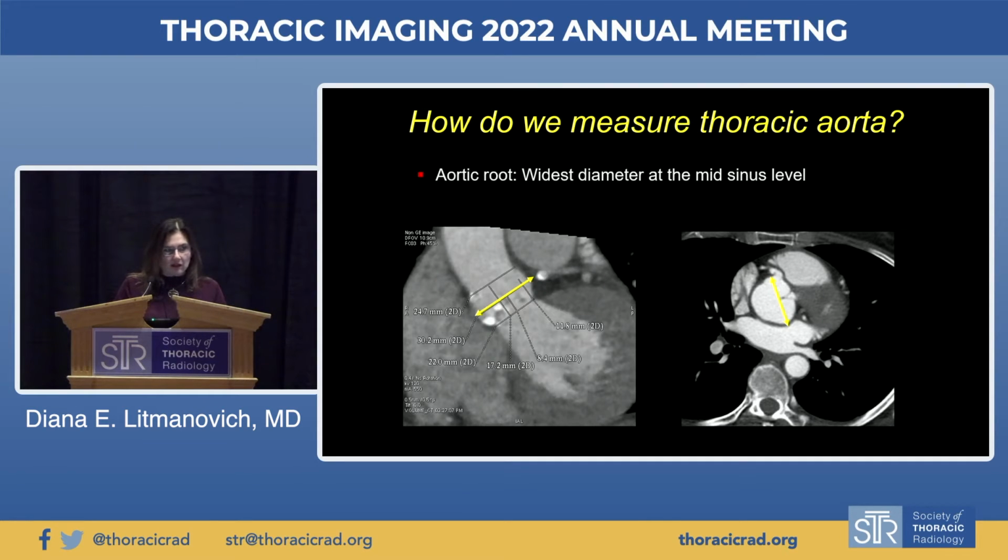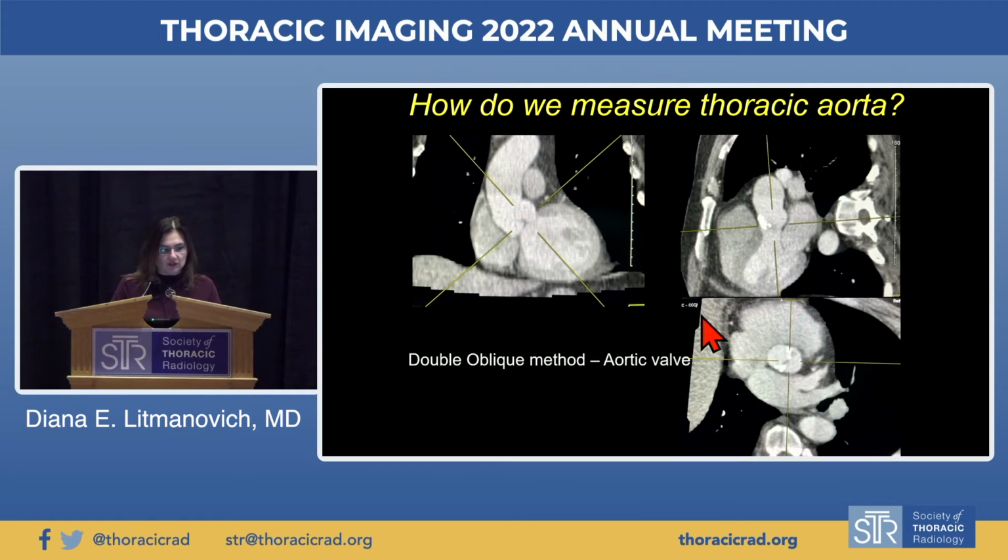This is another important point that I was talking about earlier, the sinuses of Valsalva. We measure the maximum width of the sinuses of Valsalva, and we know that the maximum sinus of Valsalva diameter might be a few millimeters larger than the aorta. So if we are talking about 3.5 centimeters for the ascending aorta, we can accept up to 4 centimeters at the level of the sinuses of Valsalva.